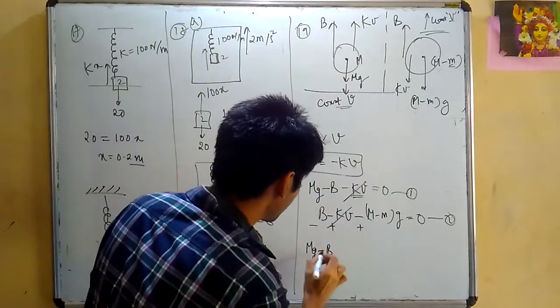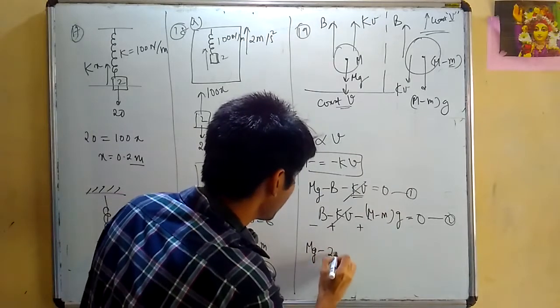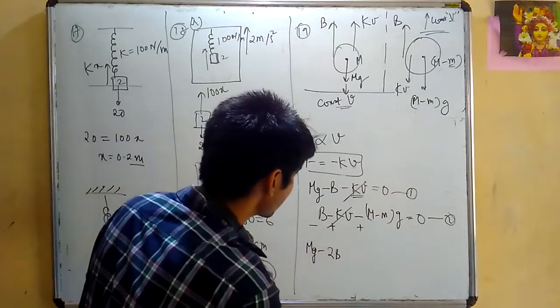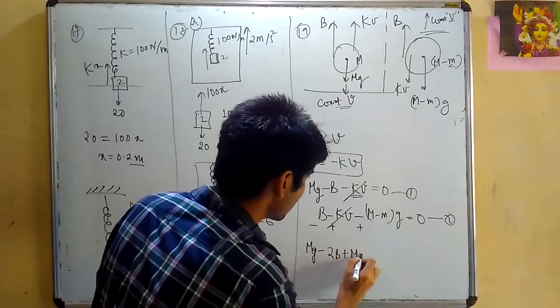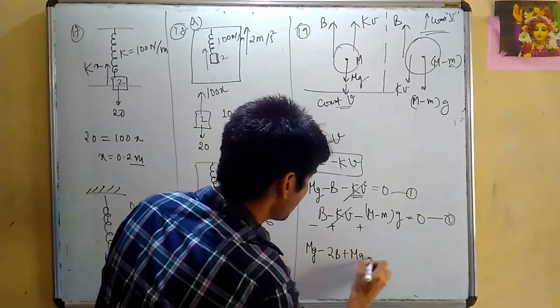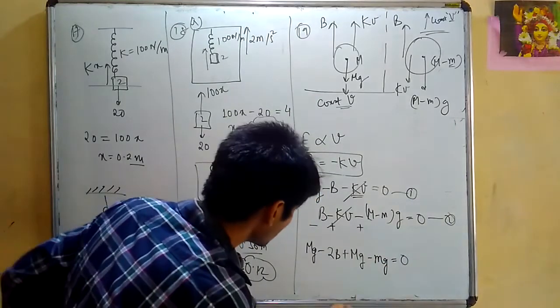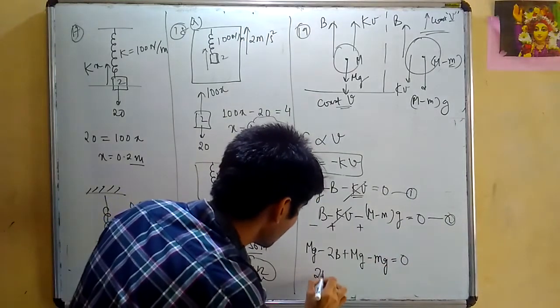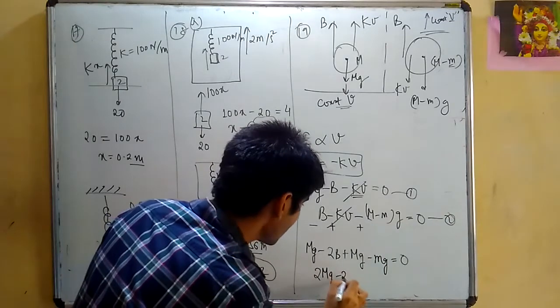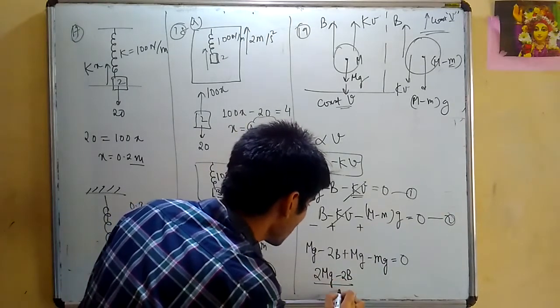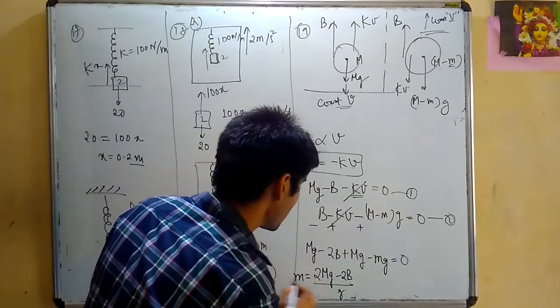So mg minus b, that is mg minus 2b, and this becomes plus, plus mg minus mg equals 0. So what am I getting? 2mg minus 2b by g equals m. So this much mass I am supposed to throw.